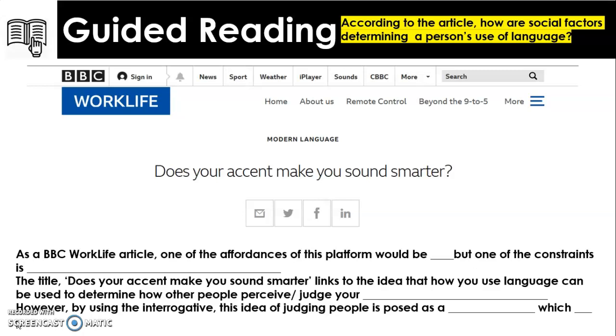But your is not a pronoun. Why not? Because it's immediately followed by a noun, your accent. So it can't be a pronoun because it's not replacing the word accent. It's introducing it. It's determining the relationship between the noun and your accent is being used there then as a determiner of ownership.